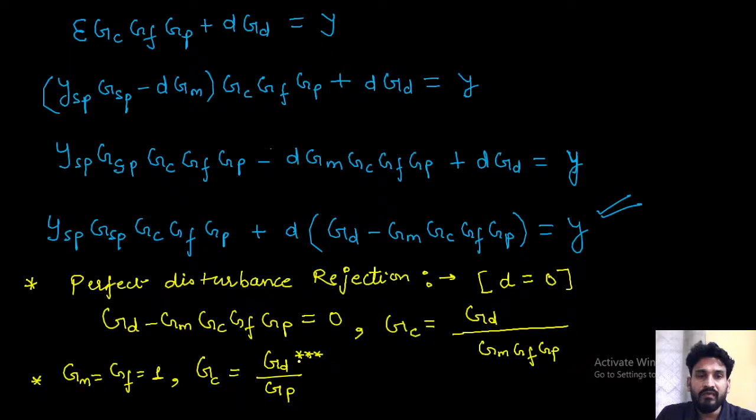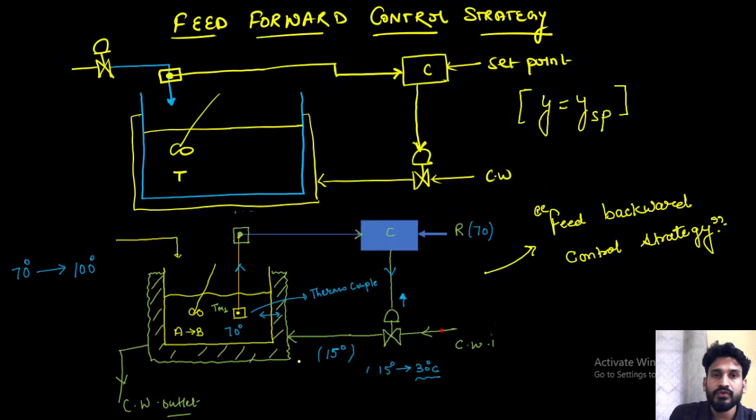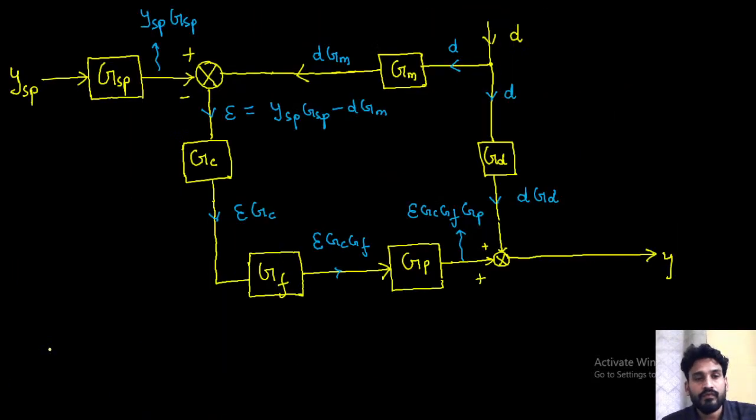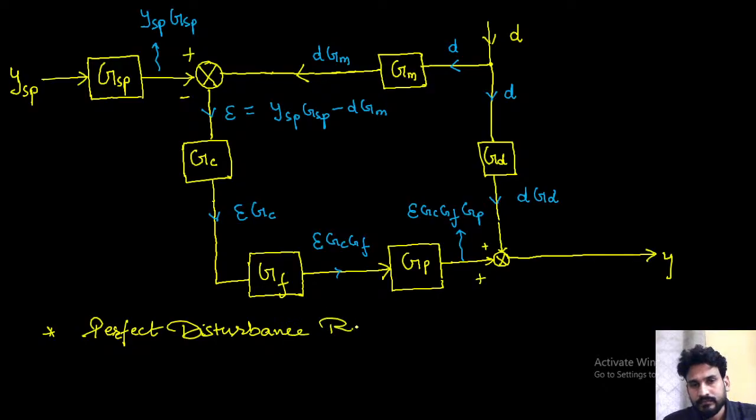So for the feed forward control strategy, we have two conditions, right? We have two main mottos here. The first motto is perfect disturbance rejection, which means your D is equal to 0.